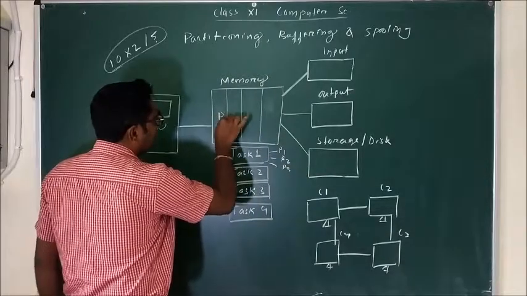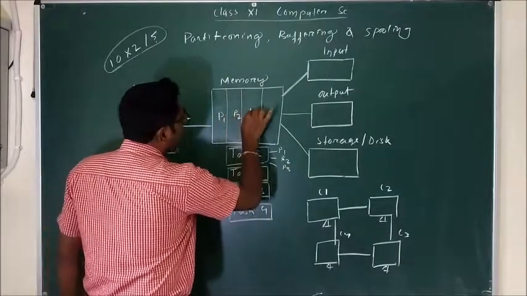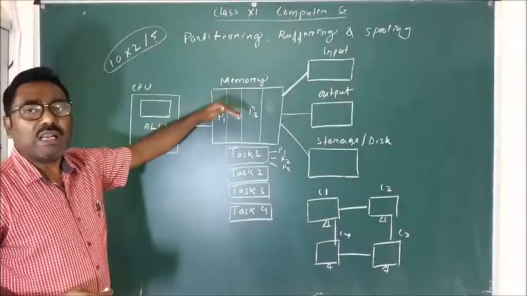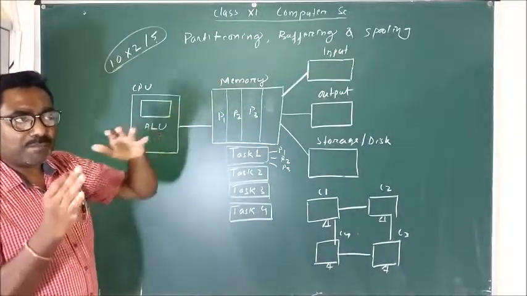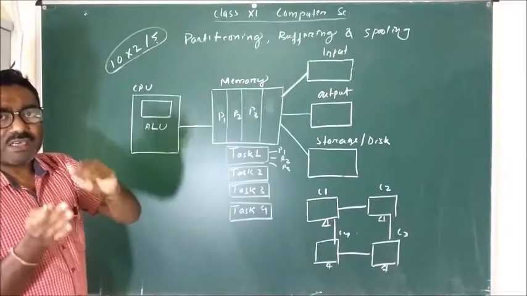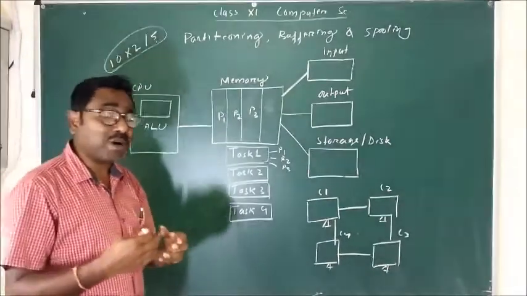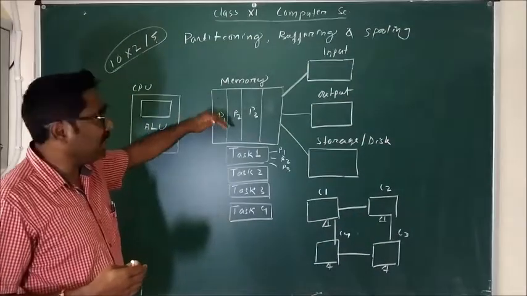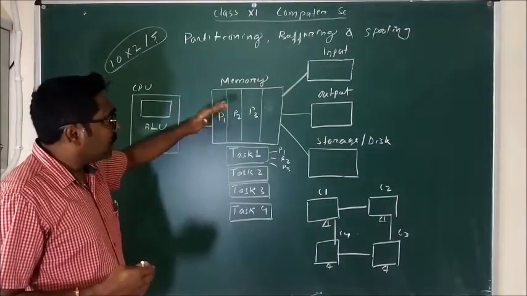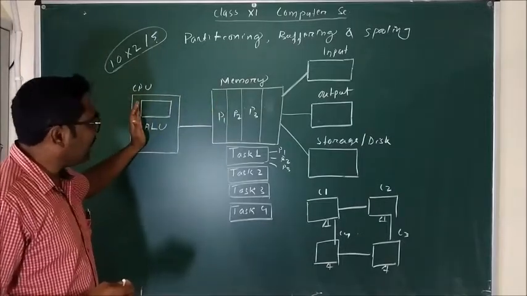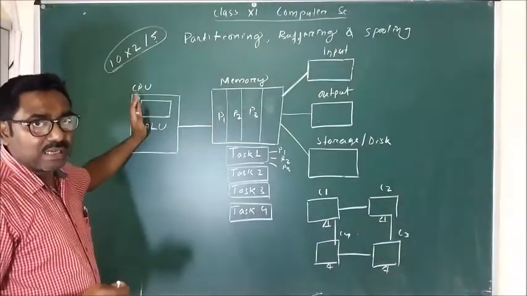Now each part is stored in a single partition. That means the complete task is divided into smaller parts, and each part is stored in a single partition, so that from the partition itself it is moved to the ALU for calculation.